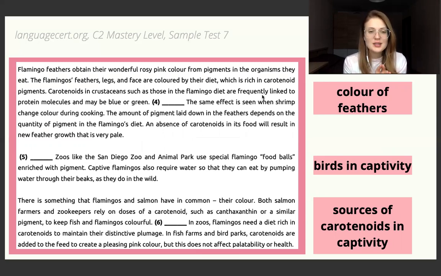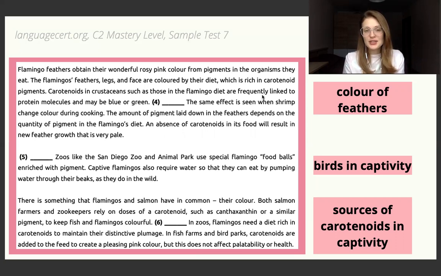Then the small passage is about the birds who live in captivity. And the last passage again gives some more information about the sources of carotenoids that birds get when they live in captivity, because this particular thing makes their feathers pink, or this pinkish or orange color that they have.